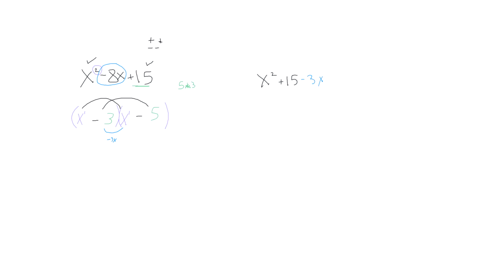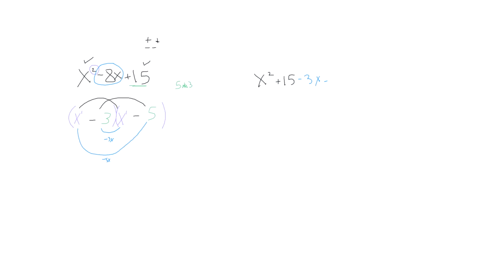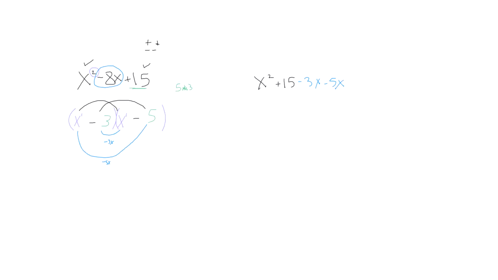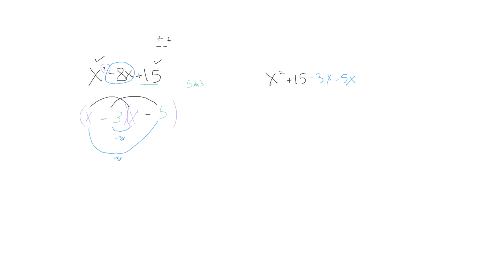And x times -5 is -5x. So my middles will add up, because I'm adding these, to -8x, which means this is the answer. Because when I expand this, I keep my first term as the variable squared. The last term, I want to have just a constant, just the number part. And the middle, I want to have my -8x.